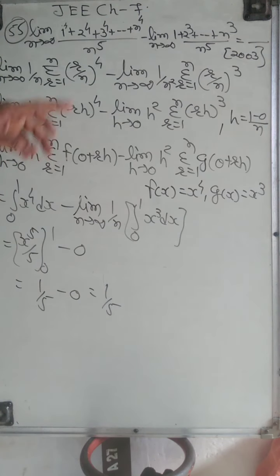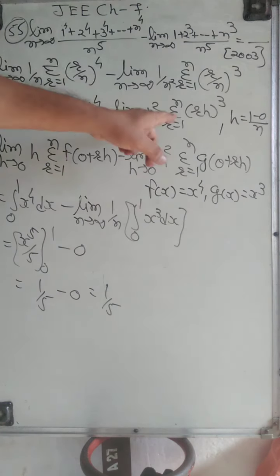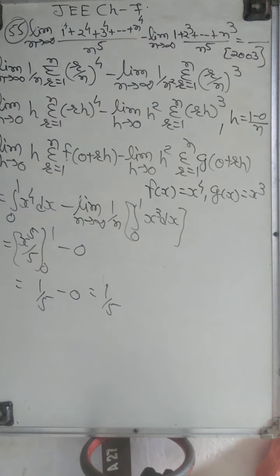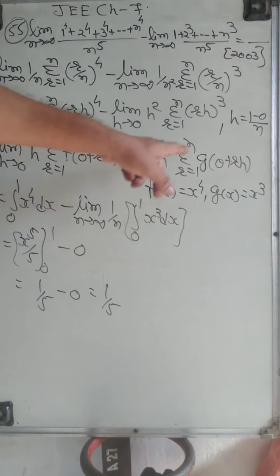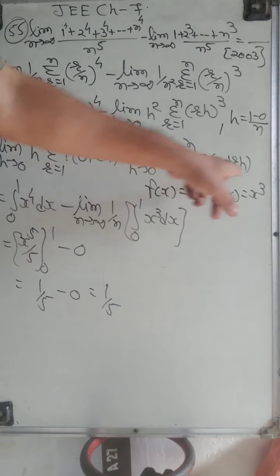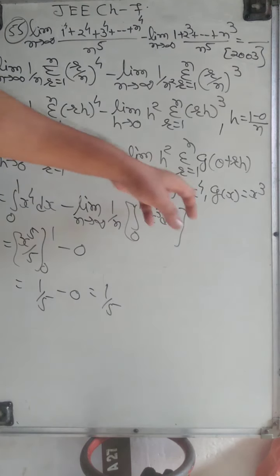Means r by n is rh raised to 4, minus limit h tends to 0 of h square sigma rh cube. Limit h tends to 0 of h sigma f(0 plus rh), minus limit h tends to 0 of h square sigma r equal to 1 to n g(0 plus rh), because there are two different functions.